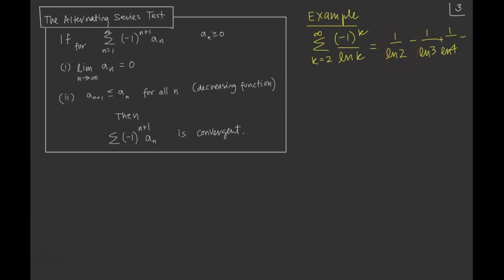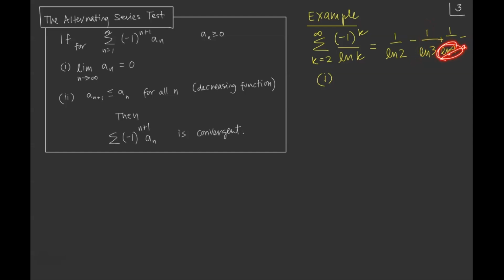So let's see, is condition 1 met in our alternating series test? Is the limit of these terms, just of the sequence, going to 0? Yes. These numbers, natural log of 2, natural log of 3, natural log of 4, are becoming bigger and bigger and bigger. So 1 over the natural log of 2 is going to be larger than 1 over natural log of 3, and this denominator is going to grow and grow and grow.